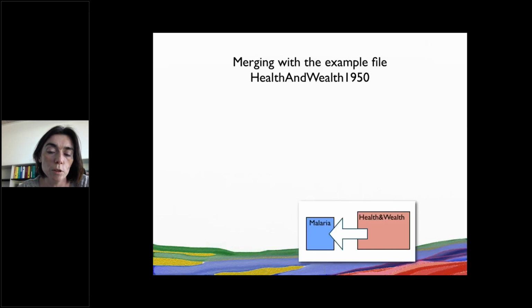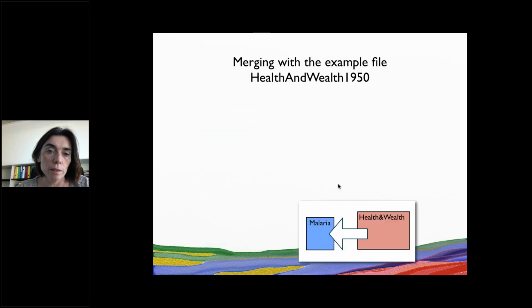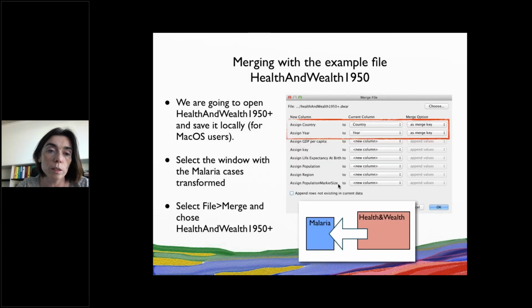But to make this thing a bit more interesting, I suggest that we complete the data we have, so the malaria cases per year in the world, with the data we have in this health and wealth example file, so that we combine the life expectancy with the malaria cases. So the reverse pivoting is already made, and what we are going to do is open the health and wealth file and save it locally.